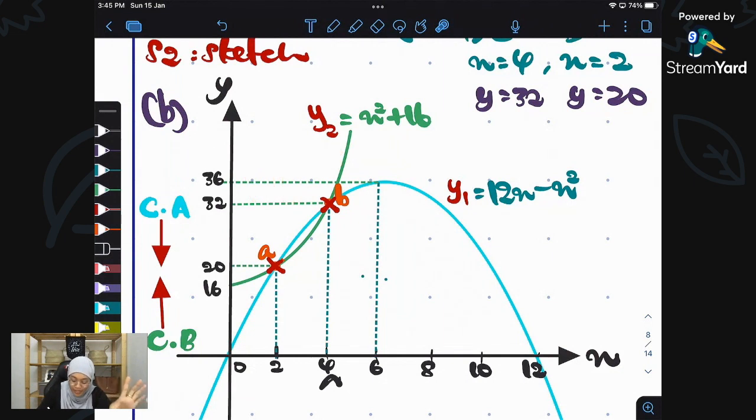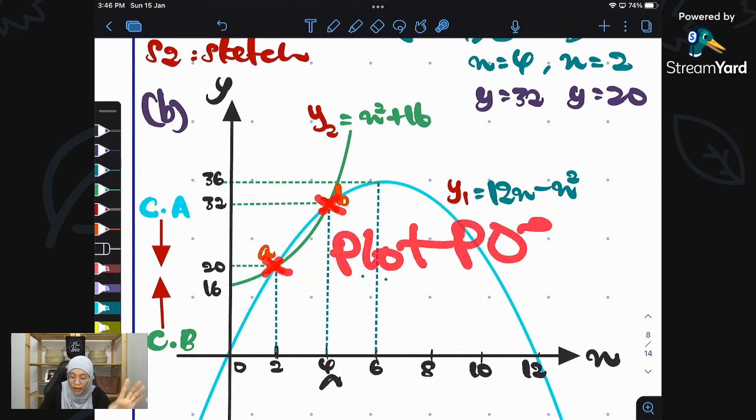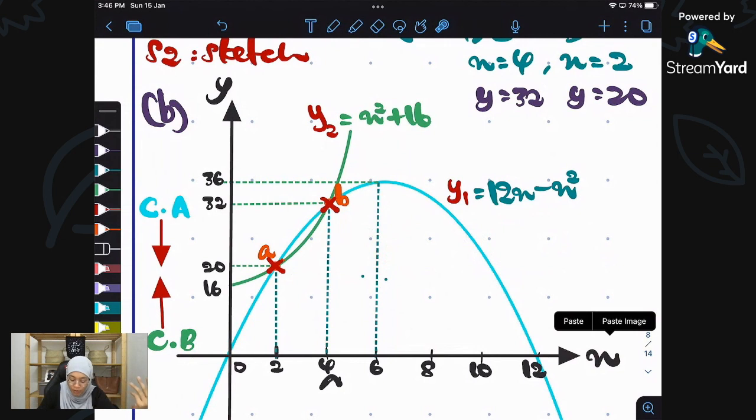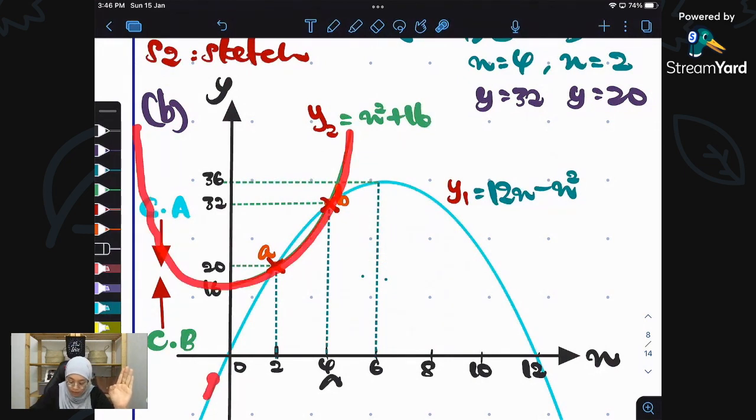Tipsnya adalah plot dulu the point of intersection. Kenapa dia akan memudahkan hidup you all? Because the graph senyum akan bertembung dengan graf yang masam.